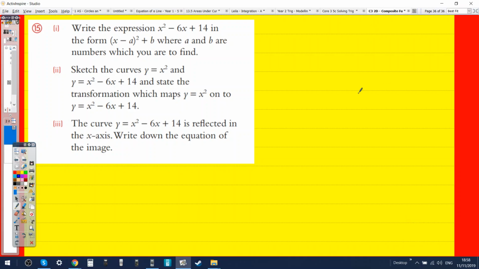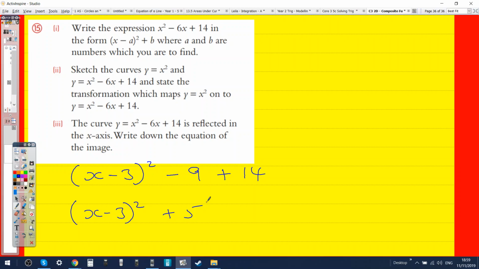So you do it in completed square form. So that is x minus 3 squared plus minus 9 plus 14, I believe. So then that is just x minus 3 squared plus 5.